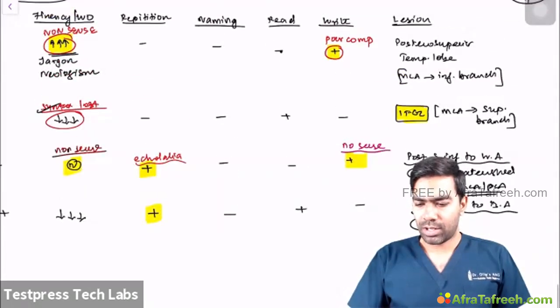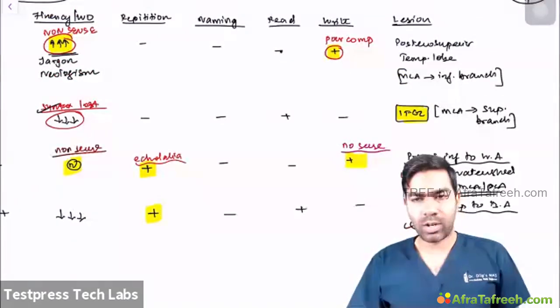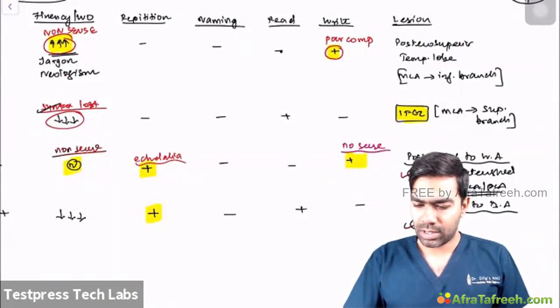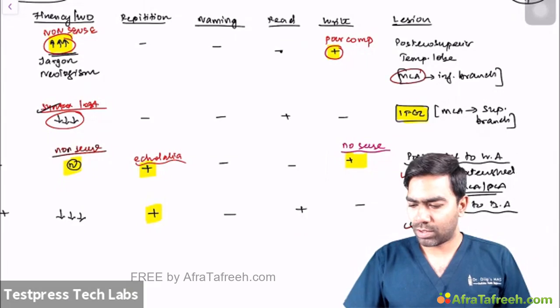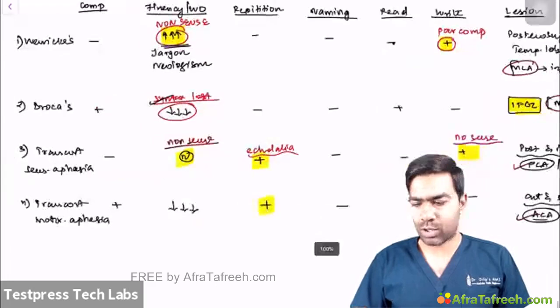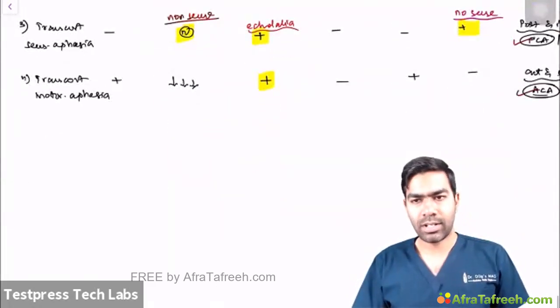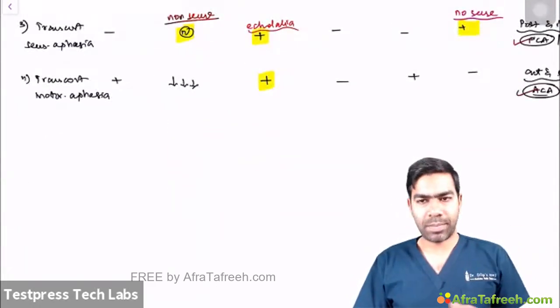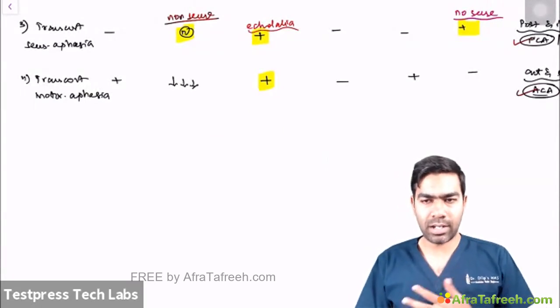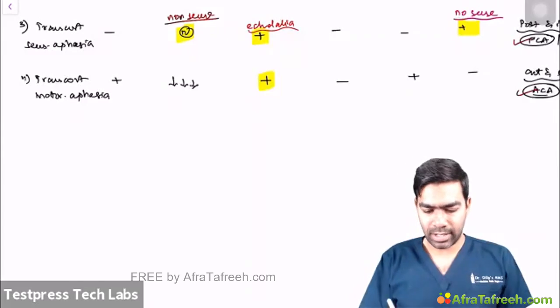Remember, these are the only two aphasias located in a different territory. Most of the other aphasias will be located in the MCA territory only. Only transcortical aphasias will be located in other territories like PCA and ACA: sensory predominantly in the PCA territory, and motor in the ACA territory.